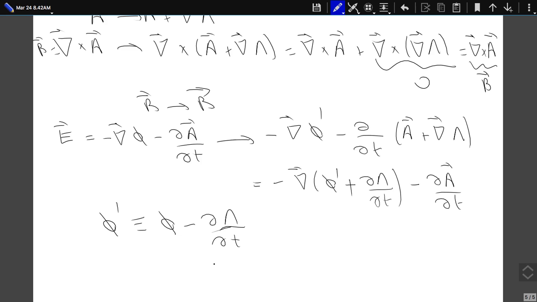Phi at the point r at time t is nothing but the integral of rho(r', t) divided by the magnitude of r minus r', times 1 over 4 pi epsilon 0, integrated over r'.